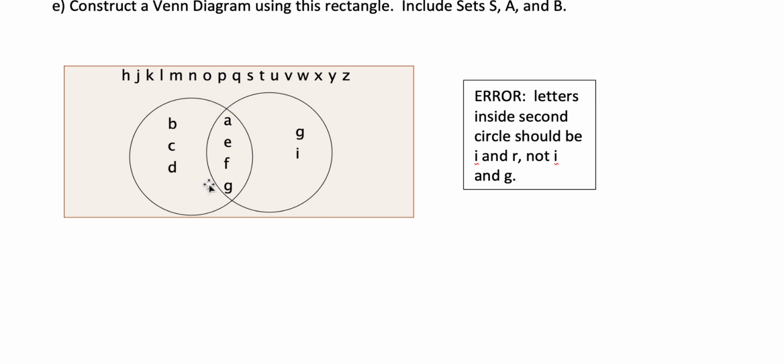In between, in the overlap of these two circles, would be the intersection, and so that would be the letters A, E, F, and G. And then outside of either circle would be the letters that appear in neither set B nor set C.